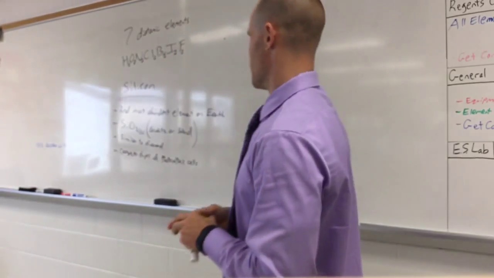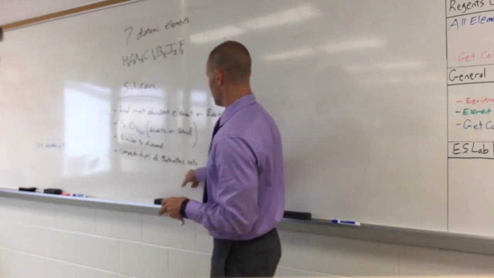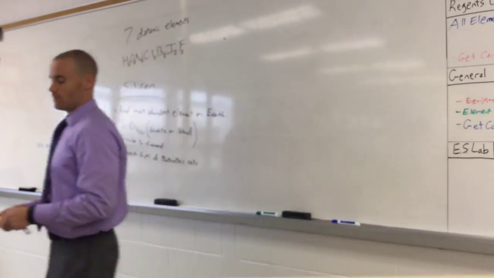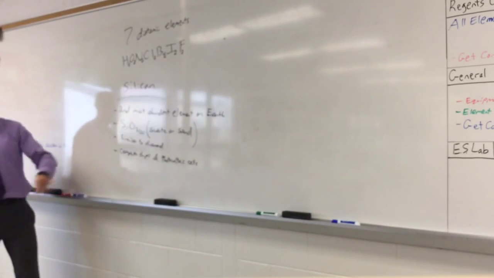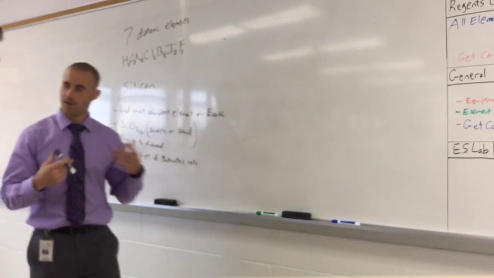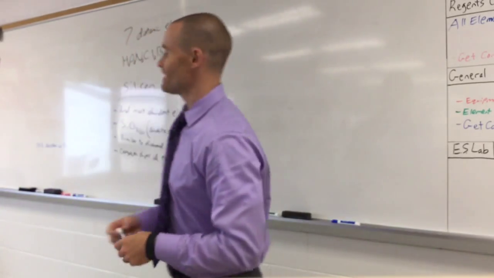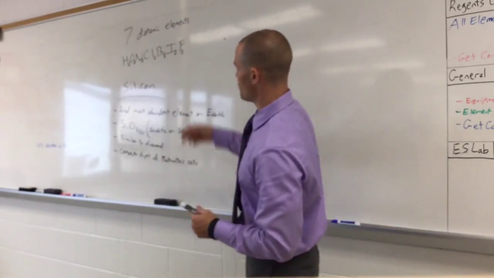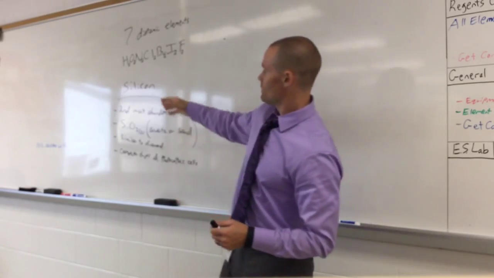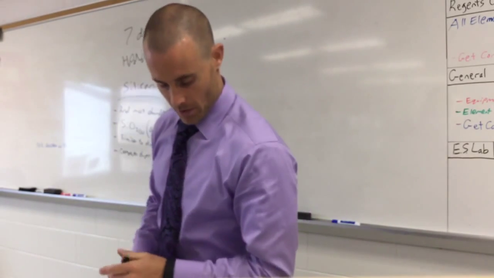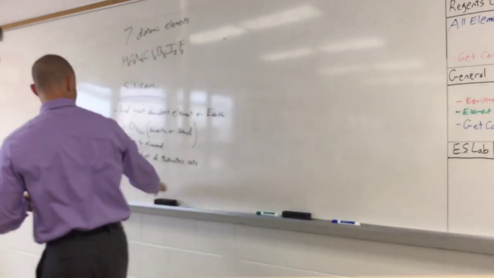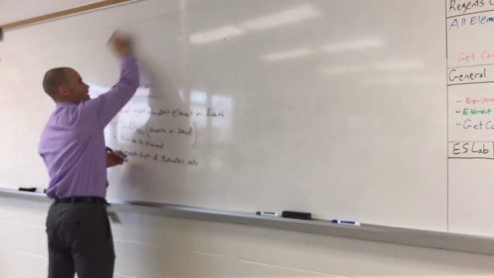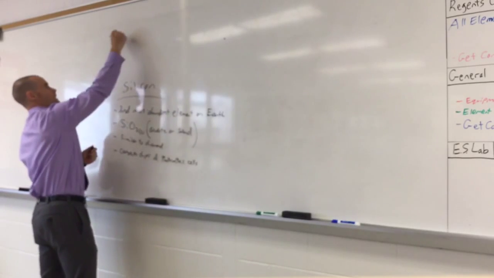PVC pipes are not what I'm talking about. Photovoltaic cell. Solar panels. That's where they're used. Solar panels convert sunlight into electricity. Computer chips as well. Silicon conducts electricity but doesn't get as hot as metals because it's a metalloid. It's a metalloid, so it has properties of both. Non-metal and metal. Okay. That's it for silicon. I'll leave that up in case you still need to copy some things down.